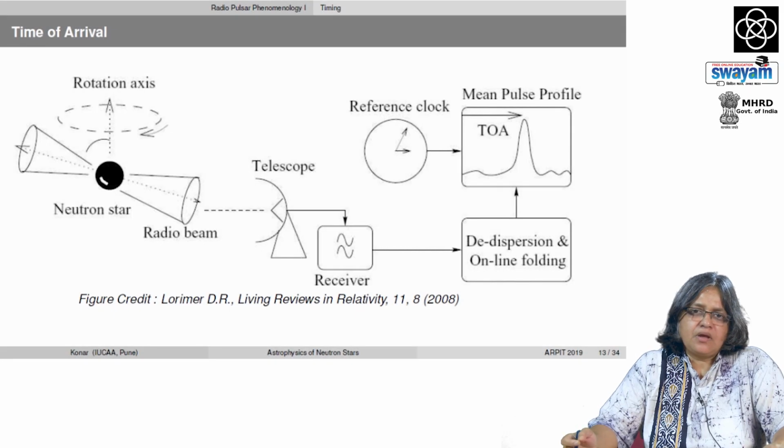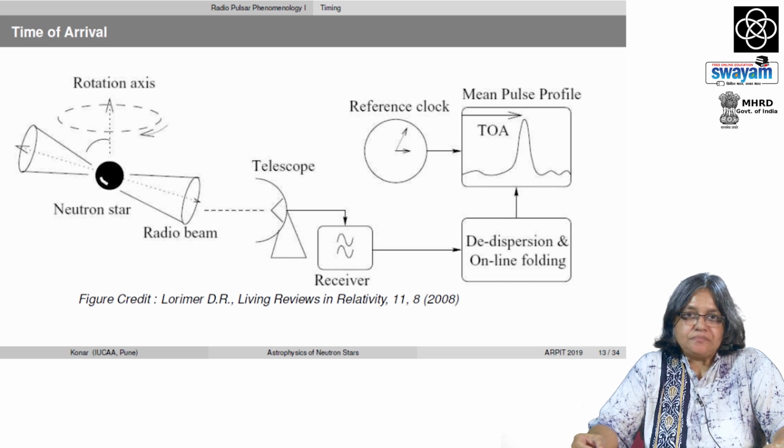So, let us discuss another important concept in the radio pulsar phenomenology, which is the timing of radio pulses. Now, for this let us define something called time of arrival.